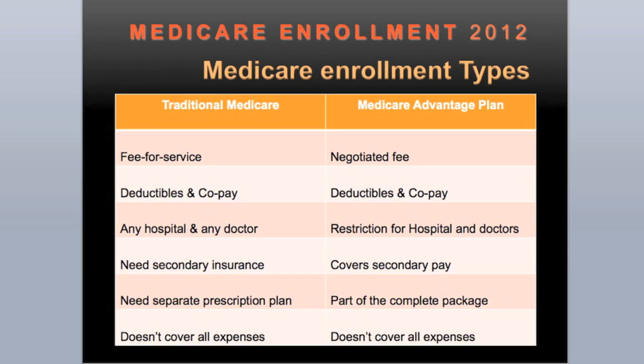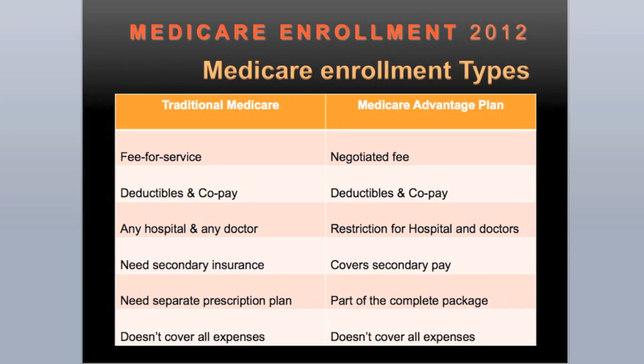With the traditional Medicare, we have the so-called deductibles and copays. So you have to meet your annual deductible before Medicare starts payments. Similarly, with Medicare Advantage plan, you may also have deductibles and copays.